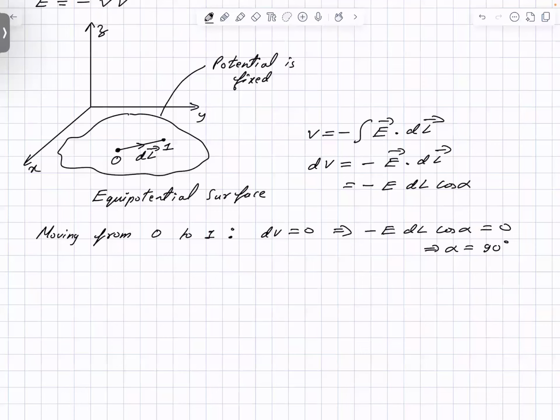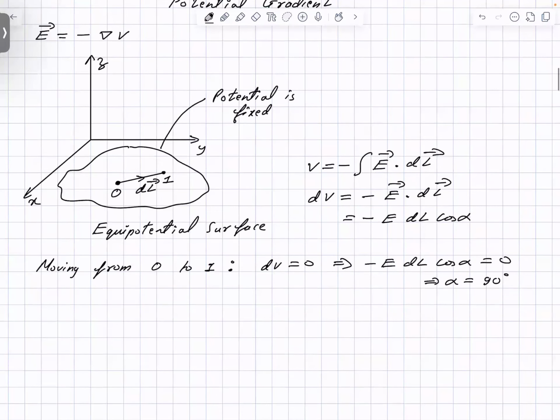What we are trying to do here is find the direction of the electric field intensity. How is it related to the potential field? That's what we'd like to find out. So far, we can tell that when we move from point 0 to point 1, the potential difference is 0, so the electric field intensity must have a 90-degree angle with that dl path.